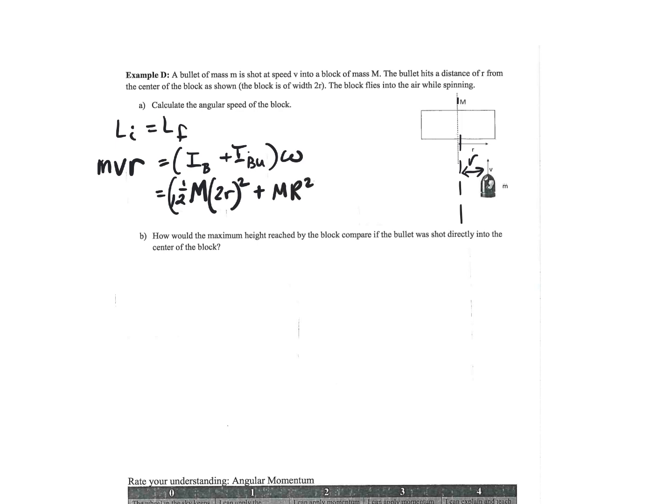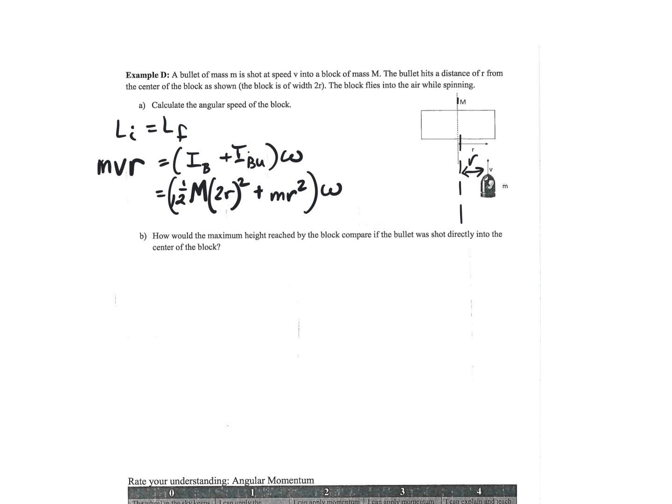Mr squared, except little r. It's little m. Oh yeah, little m too, thank you. Be careful with this. Little m, little r squared times omega. Alrighty, so let's figure out what we got here.